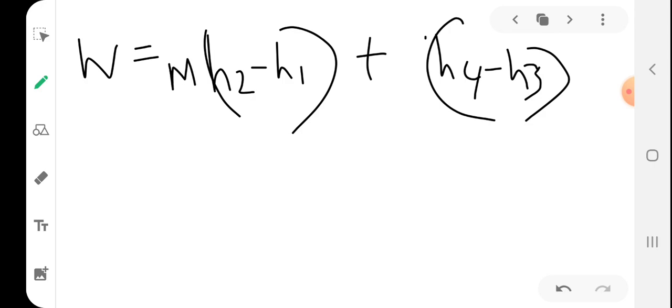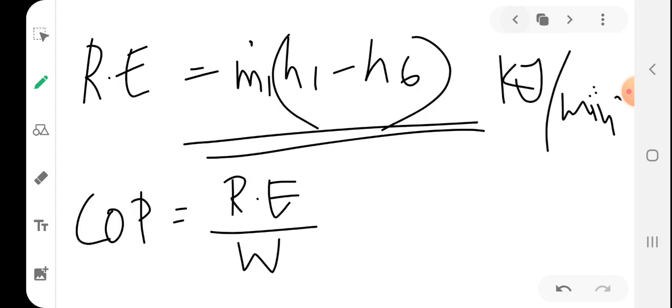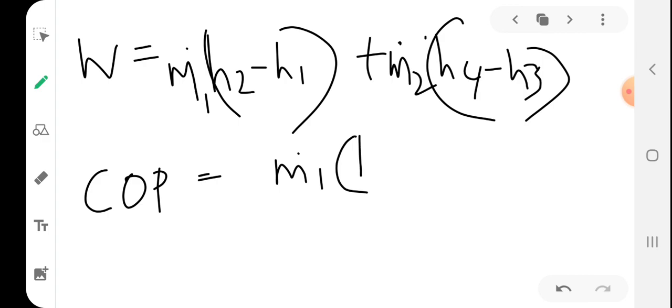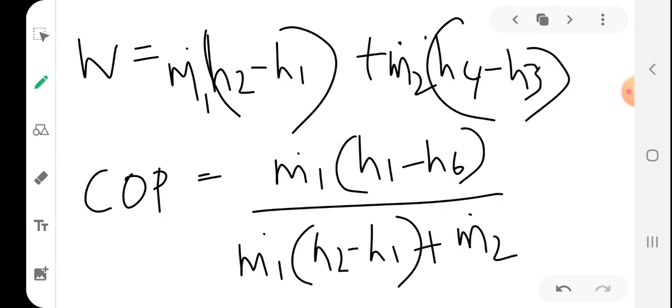So mass flowing through low pressure compressor is m1 dot, and through high pressure compressor is m2 dot. Very important. So if you write COP, it will be of the form m1 dot into (h1 minus h6) by m1 dot into (h2 minus h1) plus m2 dot into (h4 minus h3).